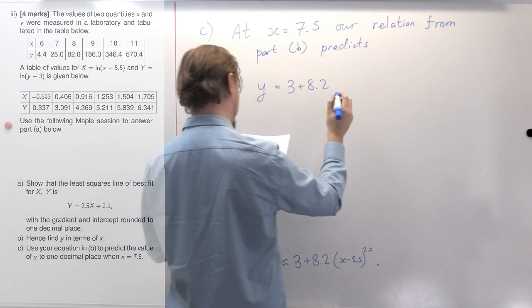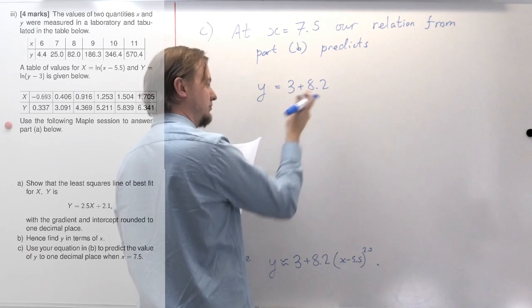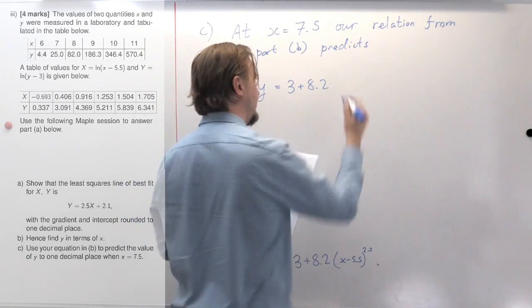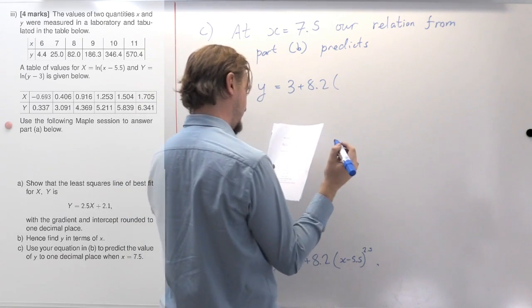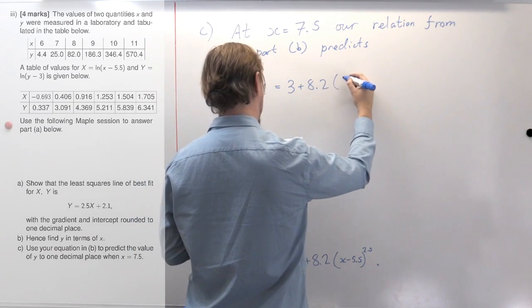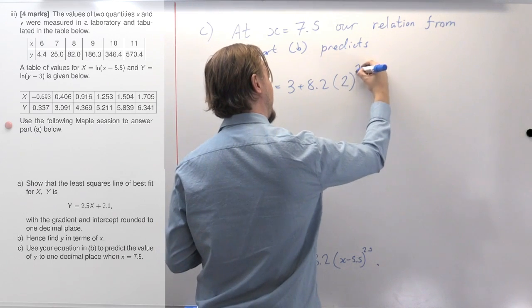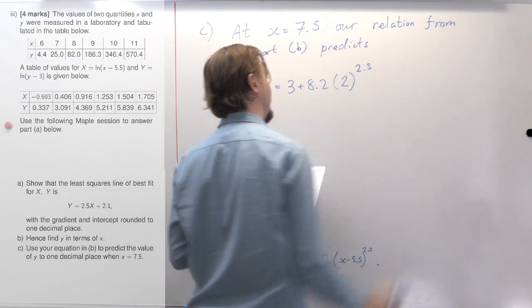I'll just say equal to here. So I mean, this is exactly what it predicts. So this is equal to the prediction at least. And this is 7.5 minus 5.5, which is just 2, and that's to the power of 2.5.